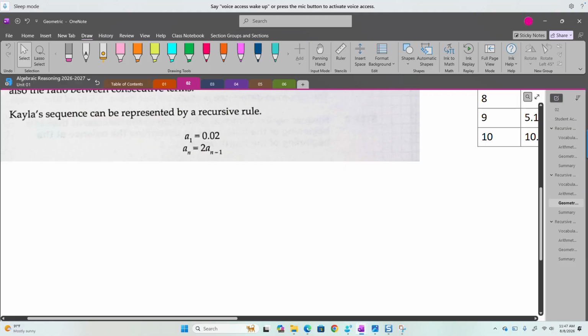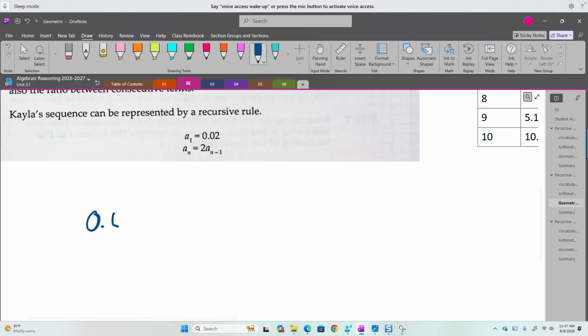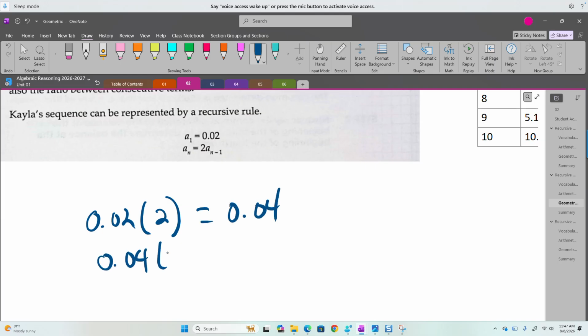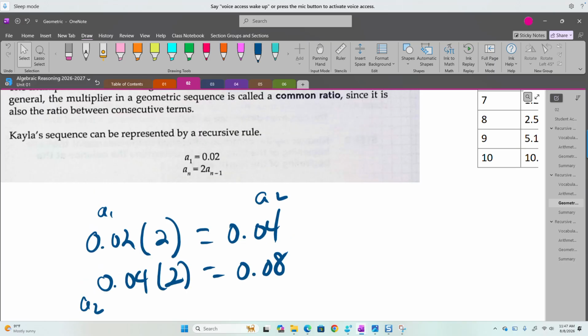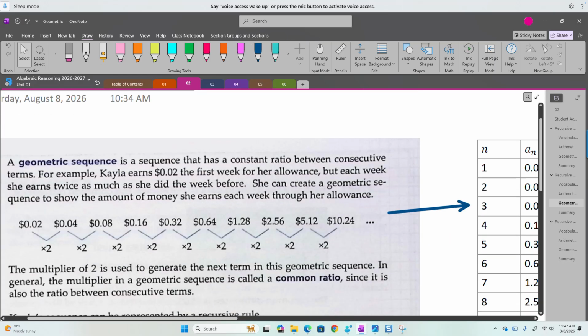So what they did is they took it and multiplied it by 2 to get 0.04. And then took 0.04 and multiplied it by 2 to get 0.08. Now remember 0.04 is a sub 2, times 2 gives me 0.08, which would be a sub 3 over here.